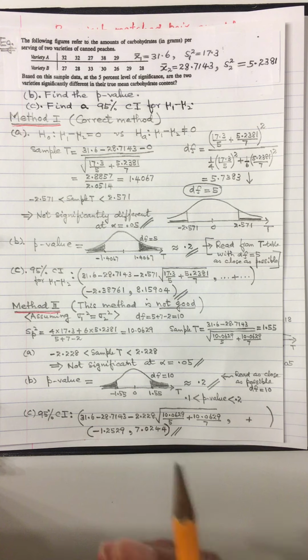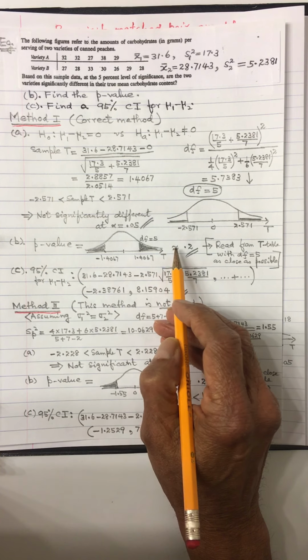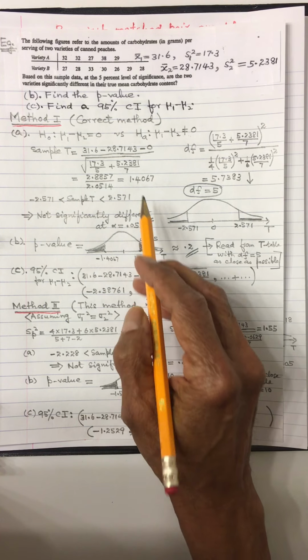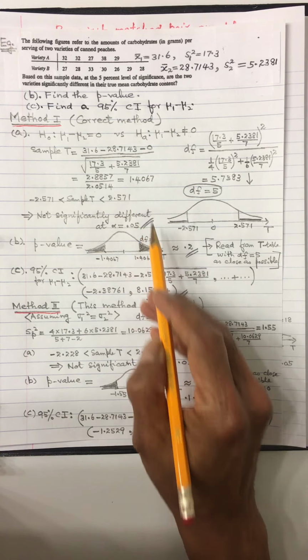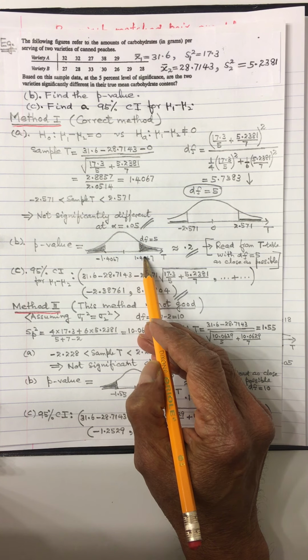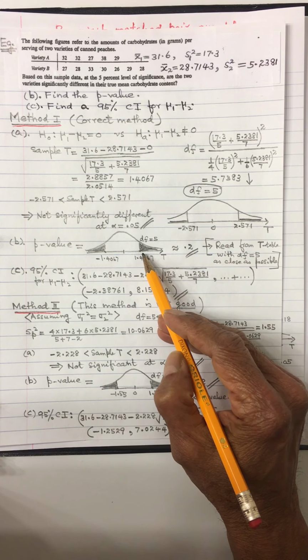Anyway, you have seen those kinds of things with one sample. It is the same method. For the p-value, you need to set your cutoff on the t distribution with degrees of freedom 5.